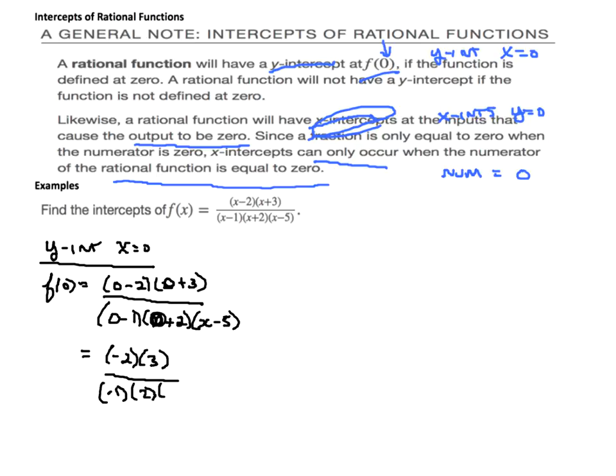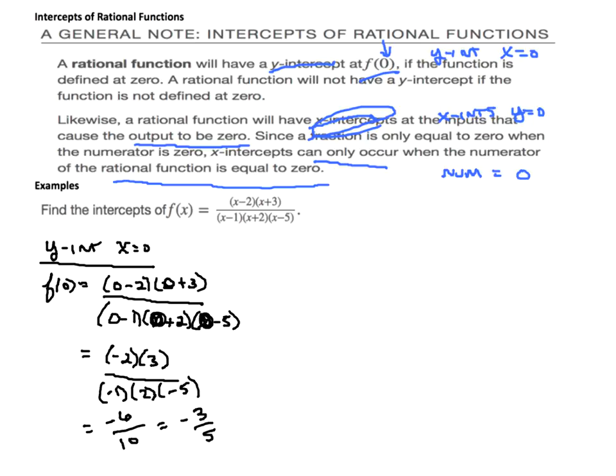-1 times 2. Oops, these are zeros right here. I'm sorry. 0 times -5. All right. And that gives me -6 over positive 10. So I have a y-intercept at -3/5.